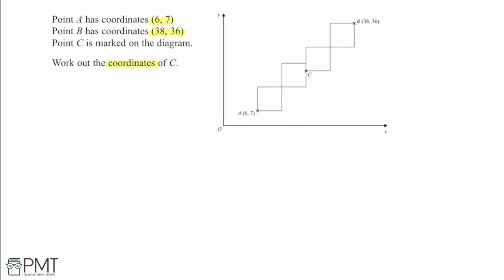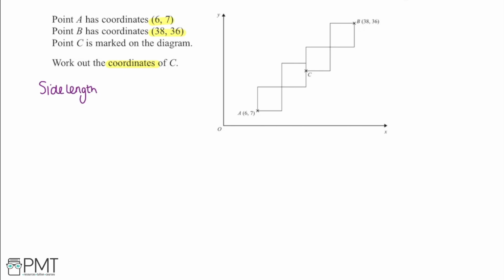So we could either do this by looking at the x-axis or at the y-axis, but here I'm going to take the x-axis as my example. So I want to work out the side length of a square.